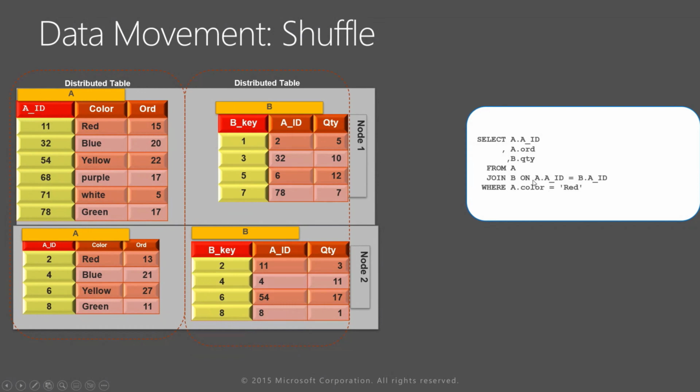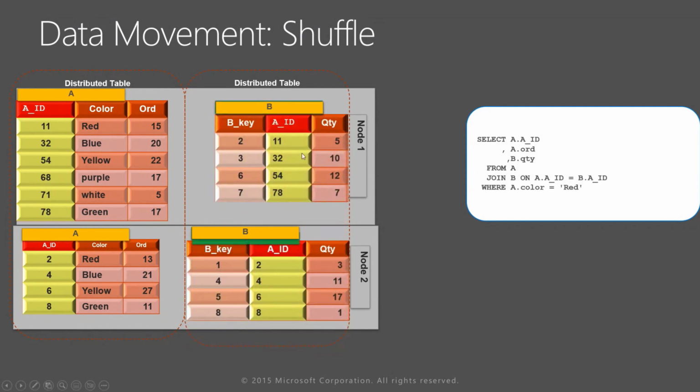But when I do the join, I'm joining A ID with A ID from table B. So I'm doing the join between A and B, but not using the same distribution key. What will DW do in that case? Because the distribution keys are different, it will temporarily create a table and redistribute that table by the distribution key of my join, and then do the join.